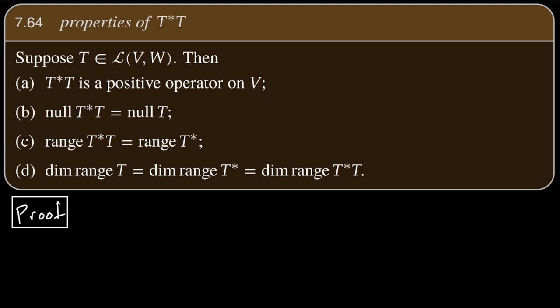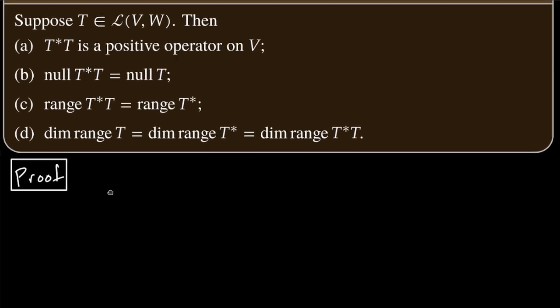We'll show that the null space of T*T is the null space of T, that the range of T*T is the range of T*, that is the adjoint of T. And we'll show that the dimension of the range of T is the same as the dimension of the range of T*, which by the previous result is naturally the same as the dimension of the range of T*T, since we've shown those things are equal, right? Okay, let's run through it.